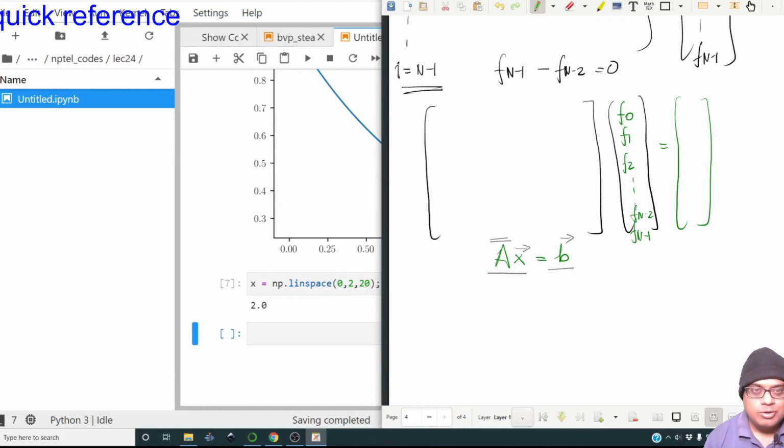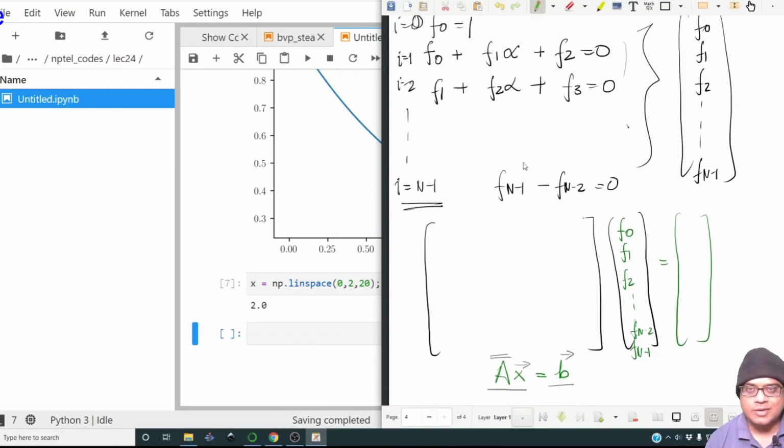So let us populate those vectors. What do we have? For the first node, f0 equal to 1, so this row will be 1, 0, 0, 0, 0, 0 equal to 1. So this is 1 times f0 equal to 1. Over here we have 1, alpha, 1, then all zeros, and this is going to be equal to 0.